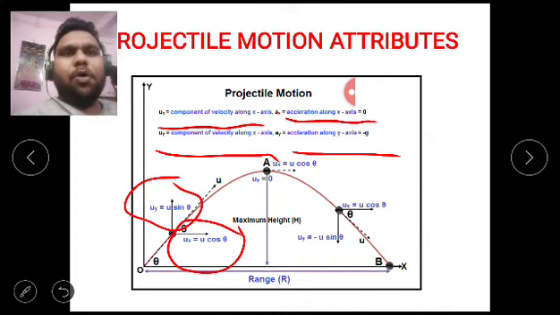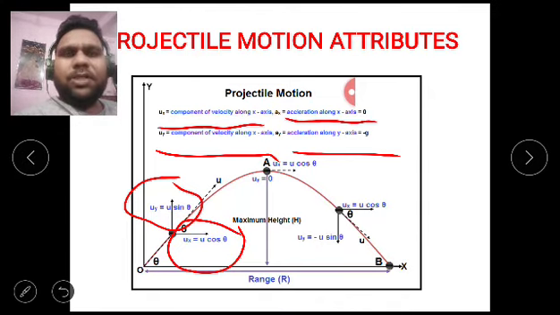Now what will be the acceleration on the projectile? There will be two components of acceleration, ax and ay. ax is the component of acceleration along the x-axis, and ay is the component along the y-axis. When a projectile is launched, the component of acceleration along the x-axis will be 0. Why will it be 0?